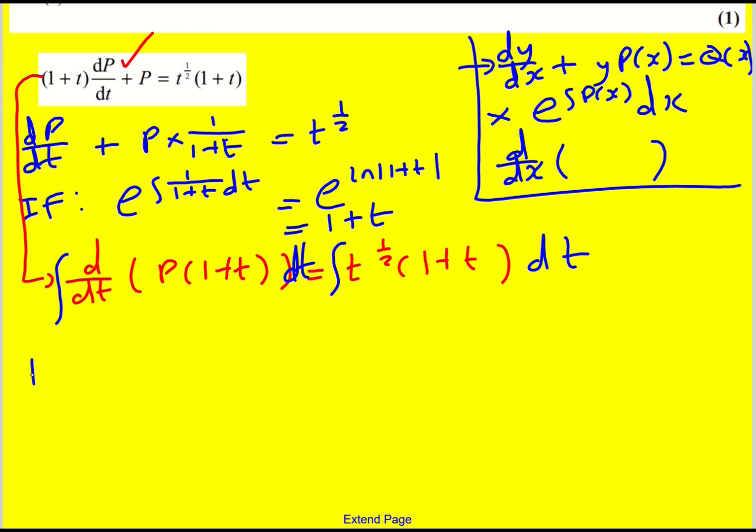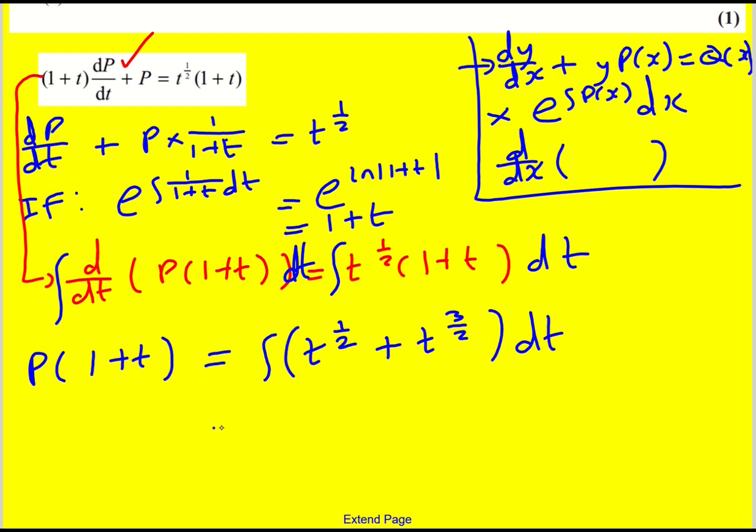The left-hand side is simply going to become P times 1 plus t because we're differentiating, then we're integrating, so we just get back to the original. And then to integrate this, you do not need to use integration by parts. I know it's a product, but let's just multiply out the brackets: t to the half plus t to the 3 over 2. That's the way to go. Then raise the power by 1, divide by the new power. And the same here.